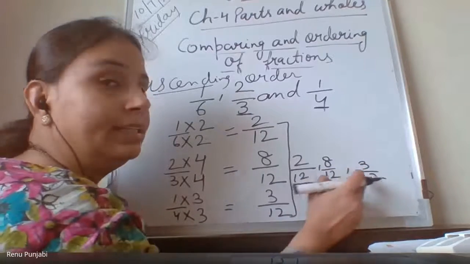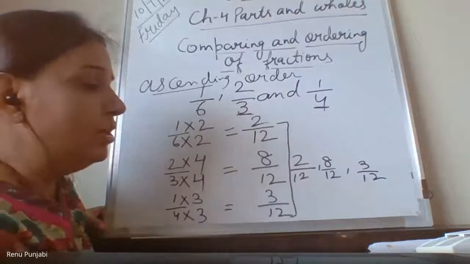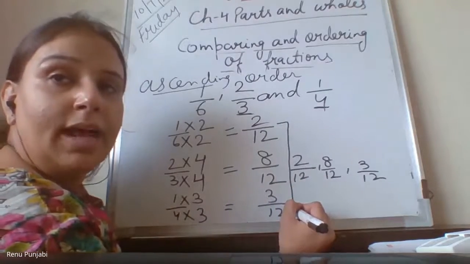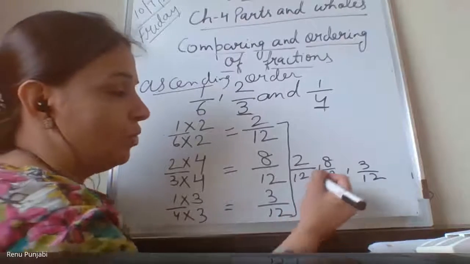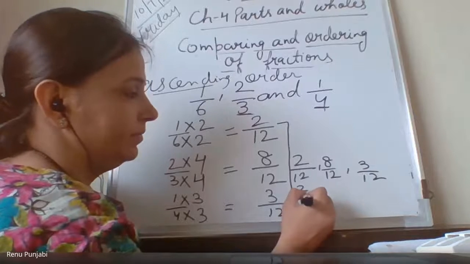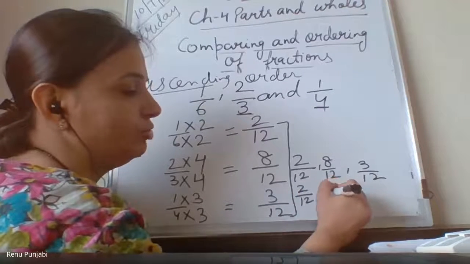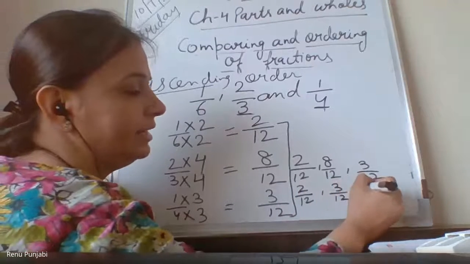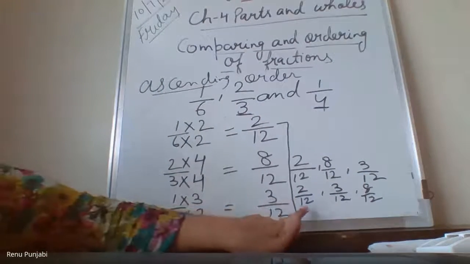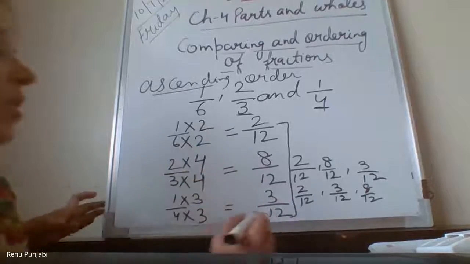After getting the denominator same, you have to arrange them in the ascending order. So which fraction will be the first? 2 upon 12, then 3 upon 12, then 8 upon 12. You should know which are the actual fractions: 2 upon 12 is 1 upon 6.